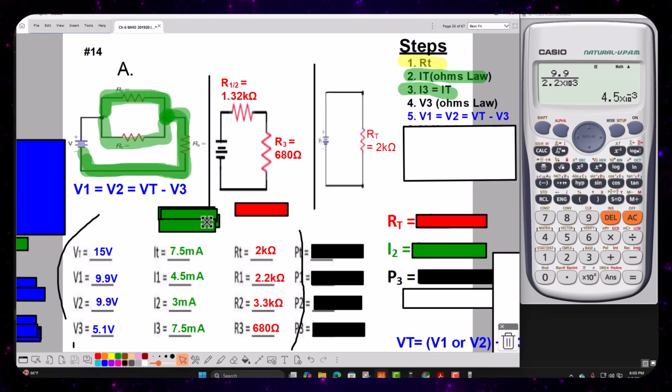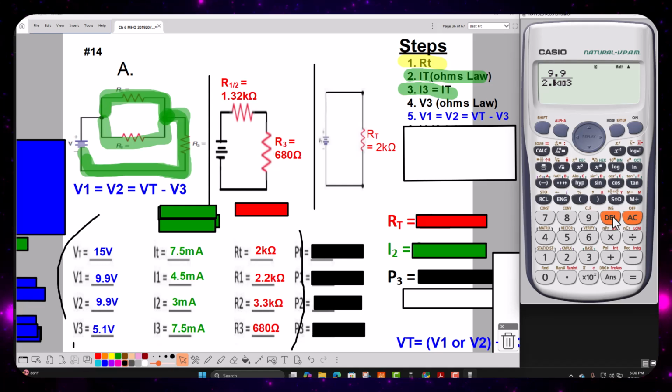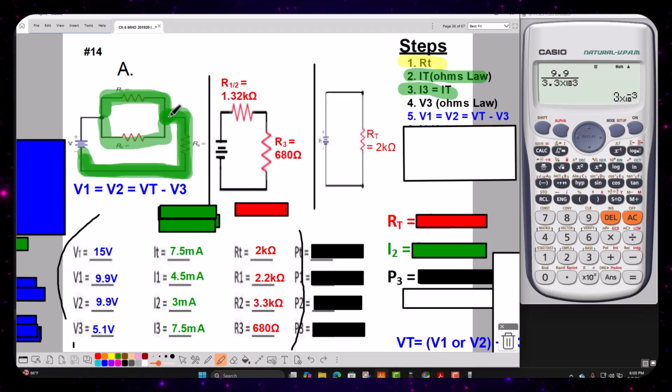But we can do the math just to make sure. I divide 9.9 by 3.3k, and it comes out to be 3 milliamps right here. So 7.5 milliamps comes this way, 4.5 goes up top, and 3 comes down this way. It all comes back together, and then 7.5 milliamps flows from here to here.